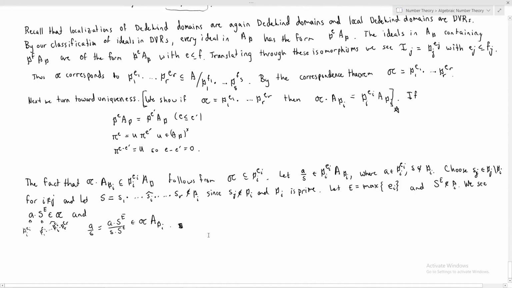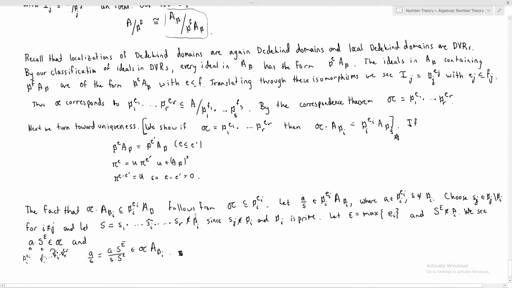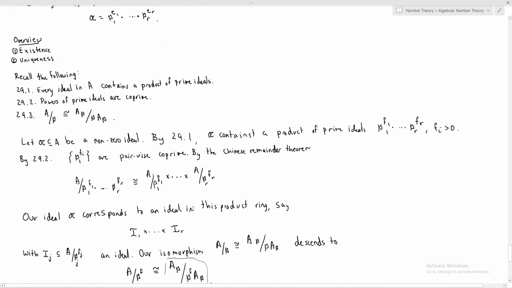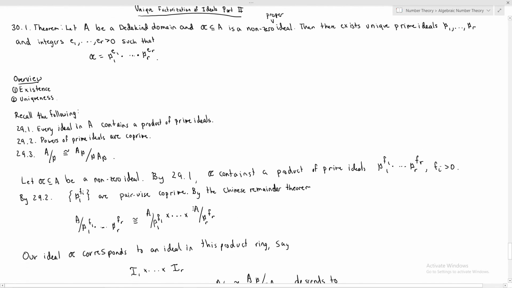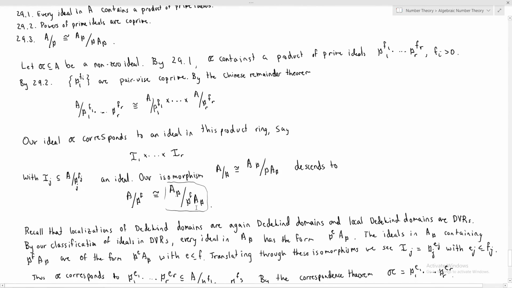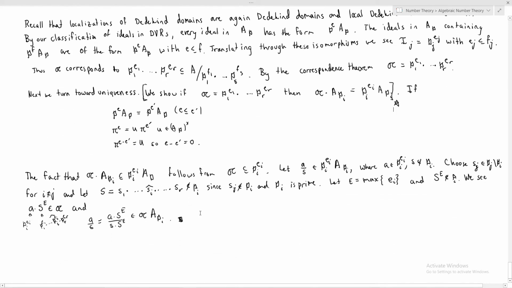Okay, so using the structure of ideals and DVRs and the structure of Dedekind domains, we prove that ideals in Dedekind domains factor uniquely. So this is some way of salvaging unique factorization from the integer case.